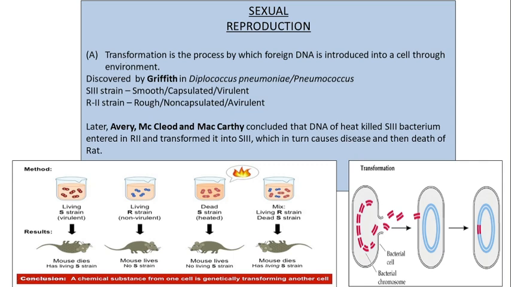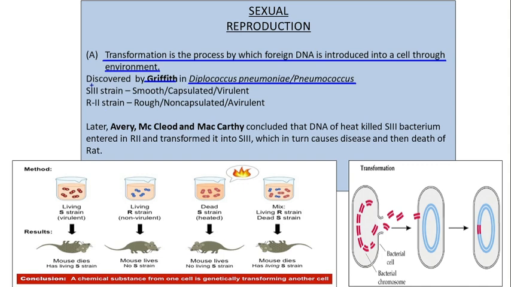Transformation is a process by which foreign DNA is introduced into a cell through the environment. That means any particular bacterial DNA may move from one cell into another cell in any medium. This was observed by Griffith in the bacterium known as Diplococcus pneumoniae or pneumococcus.